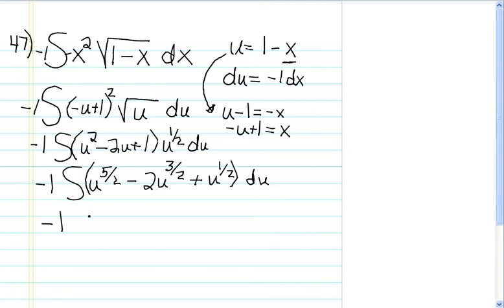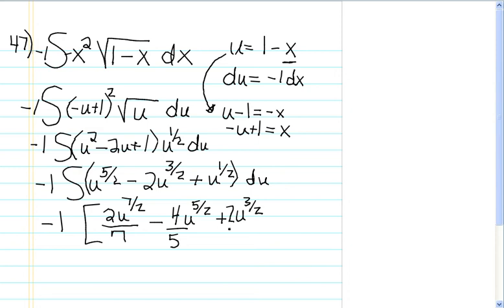So I'm going to get negative 1 times, then the antiderivative of u to the 5/2 would be u to the 7/2 all over 7/2, or 2u to the 7/2 over 7, minus the antiderivative of this, which would be u to the 5/2 all over 5/2, so we multiply by 2/5, so I'd have 4/5 u to the 5/2, plus, then add 1 here, you get u to the 3/2 over 3/2.